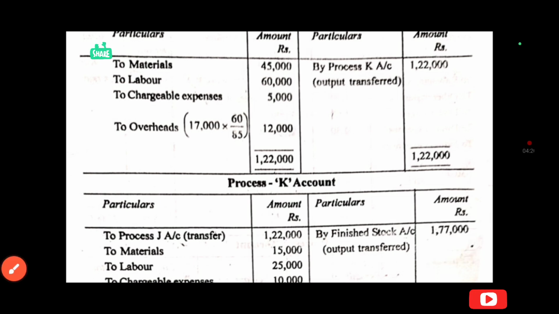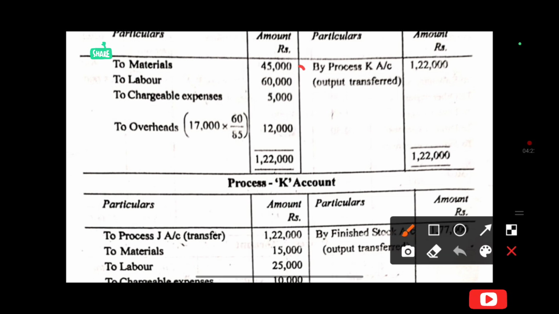Finally, all the costs are to be added together, and you will get 1,22,000 rupees. What they asked was to find the total cost for each process. So at the end of process J, the total cost is 1,22,000 rupees. The same value is entered on the creditor side as the total.